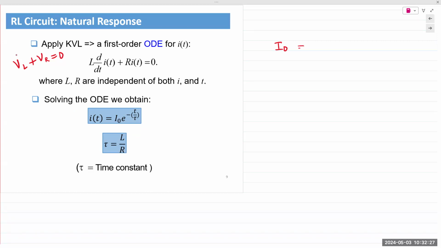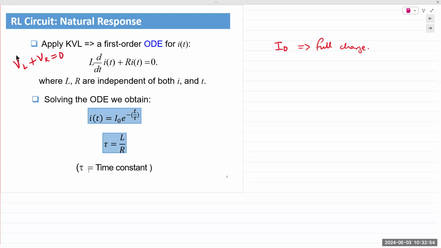And then tau is the time constant, L over R. It simply describes the speed at which the energy is being transferred. That's it. Those are the only two quantities in that equation, I0 and tau.